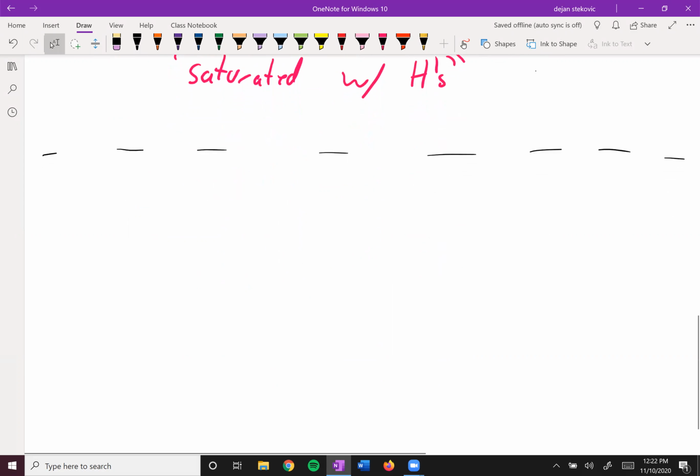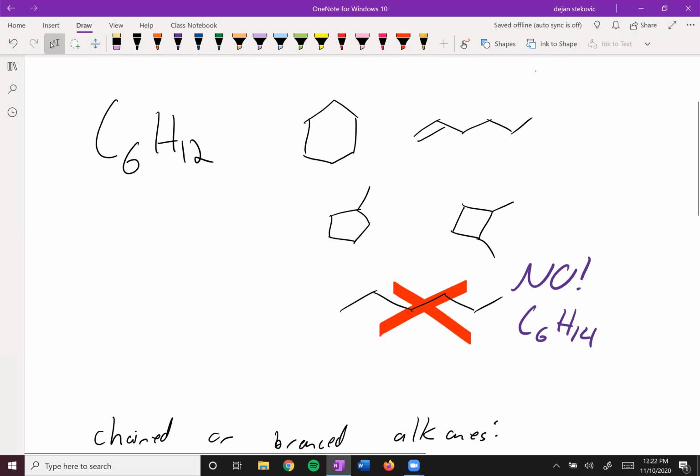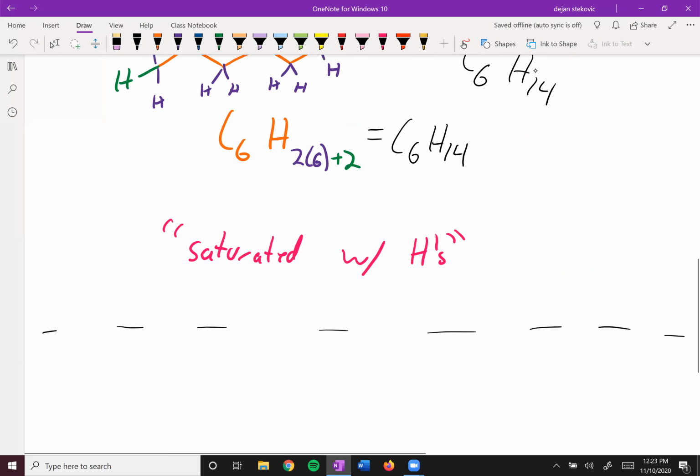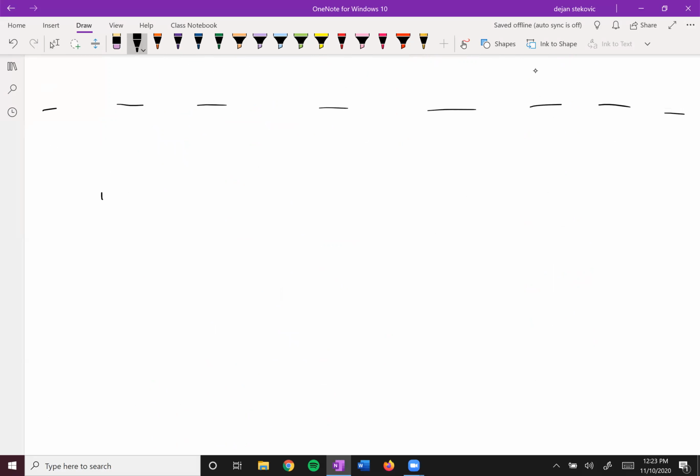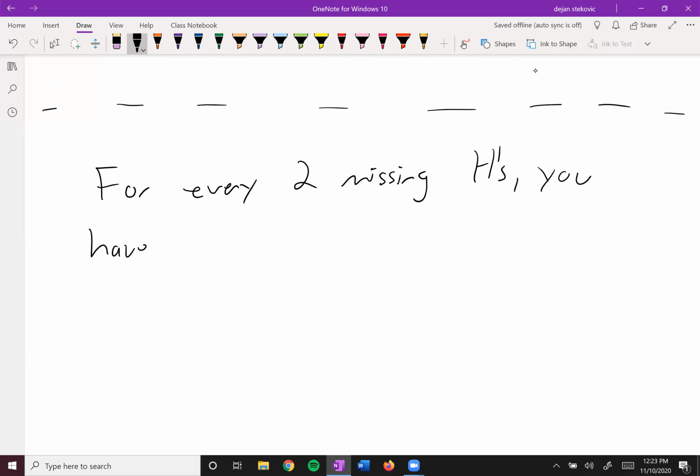And so when we have something like our scenario up here where we have C6H12, right, we're missing 2 hydrogens. And so the rule goes for every 2 missing hydrogens, you have 1 degree of unsaturation.